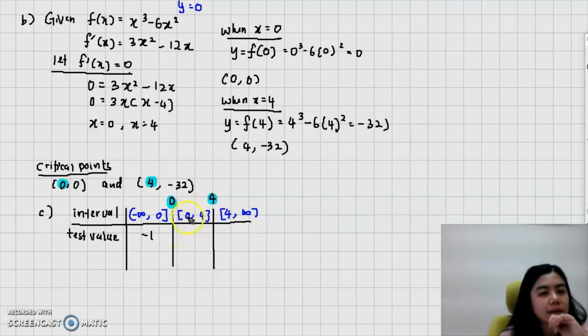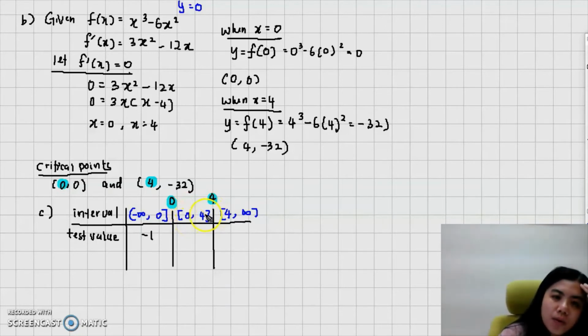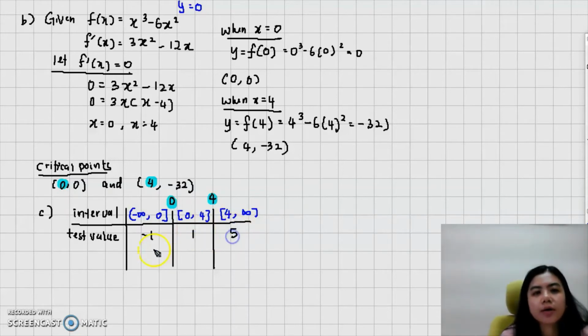For this one, you can choose any number, you can choose 1, 2, 3, which is within this interval, but don't take the exact number 0 or 4, because 0 is actually in the middle, so it is not helping us to identify the interval if you pick 0. So pick a number which is exactly within this range. Let's say I'm putting 1 here. The same thing, I will take 5 for the test value.